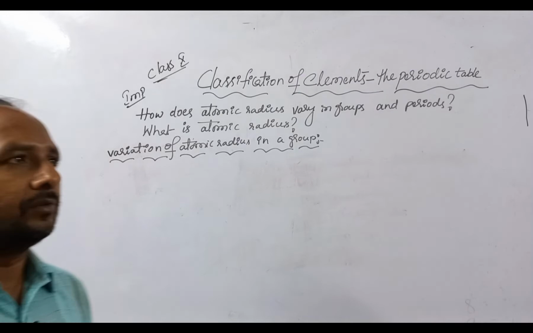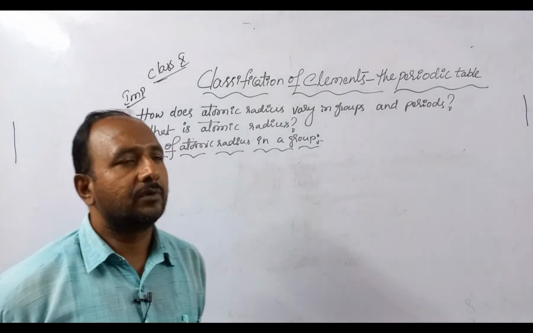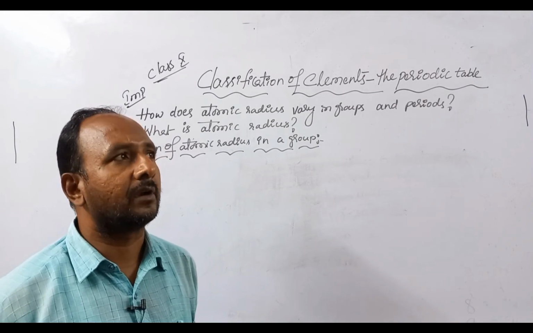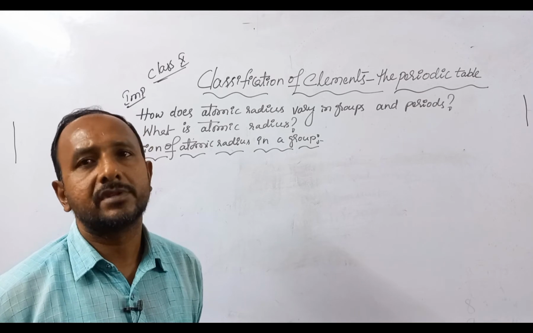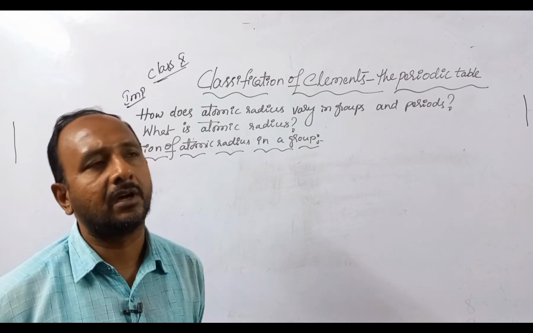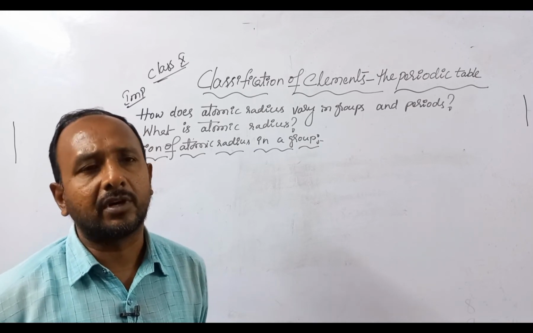What does group mean? In a modern periodic table, a vertical column is called a group. So there are 18 groups in the modern periodic table. Those are denoted by Roman numbers 1 to 8, each with subgroups A and B, or also by Arabic numbers from 1 to 18.